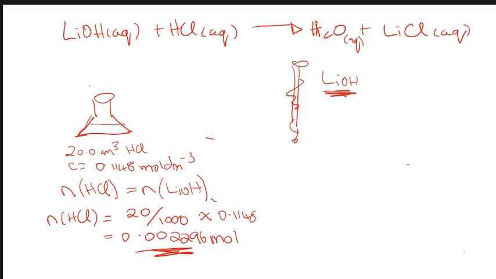So that's the total number of mole of HCl that's in our flask. Because the number of mole of HCl that reacts is the same as the number of mole of lithium hydroxide, I can now use that as my number of mole of lithium hydroxide.